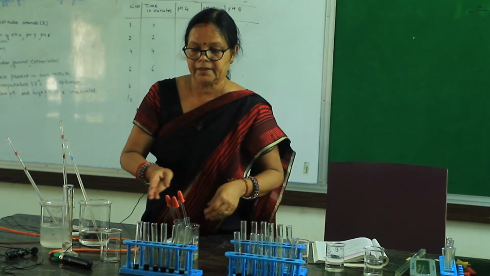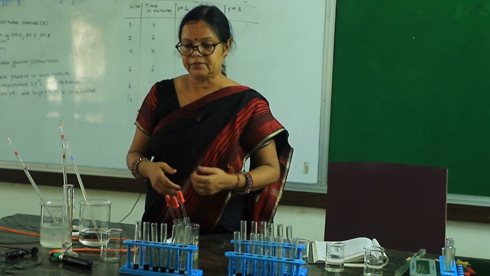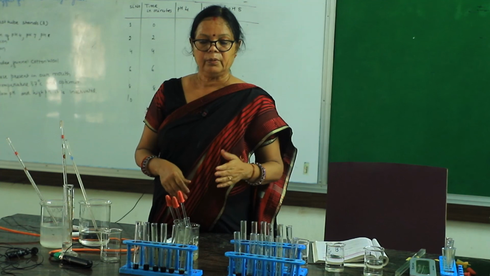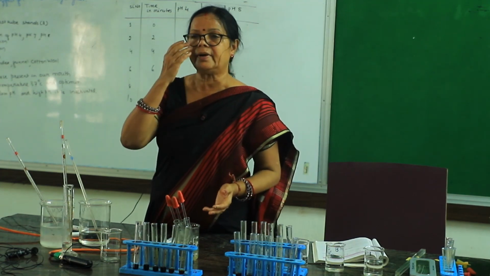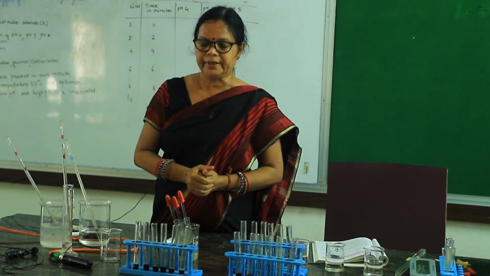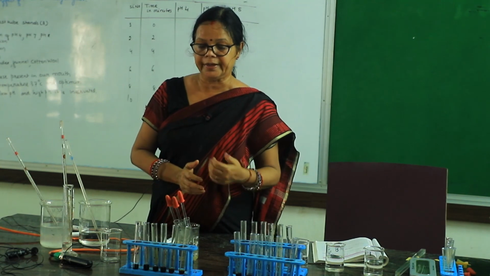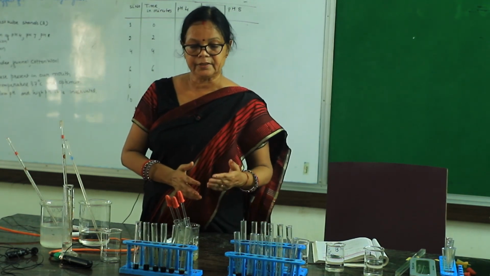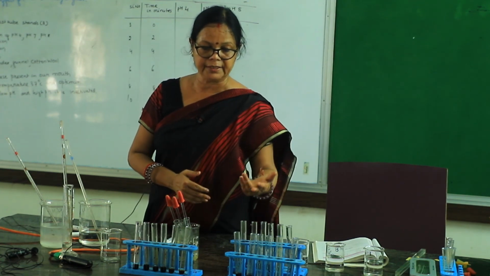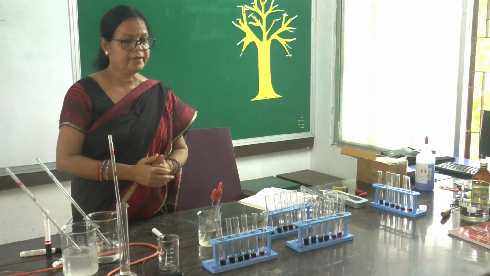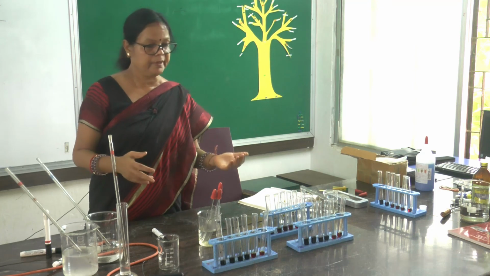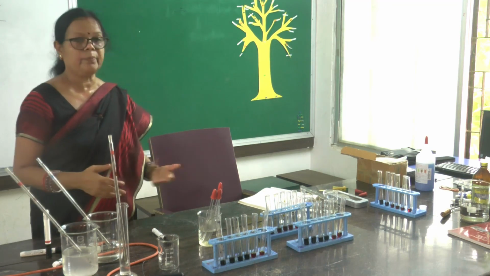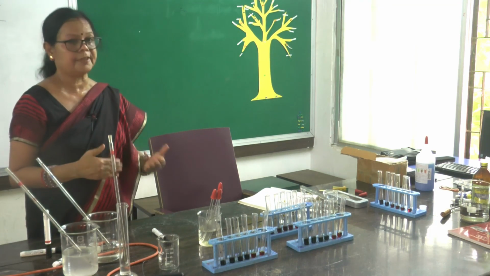That means it takes 8 minutes to digest starch. So the optimum pH required for digestion of starch is pH 7 or 6.8, where amylase becomes more active and digests starch. But at low pH and high pH, it remains inactive. So this is the experiment for the effect of pH on starch. Thank you.